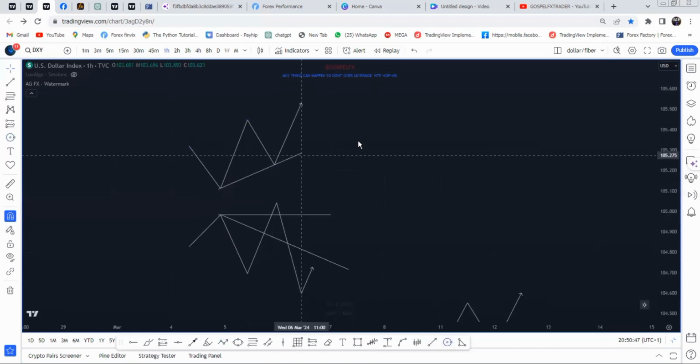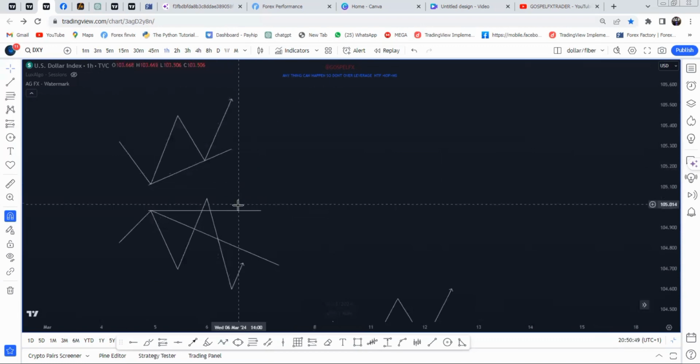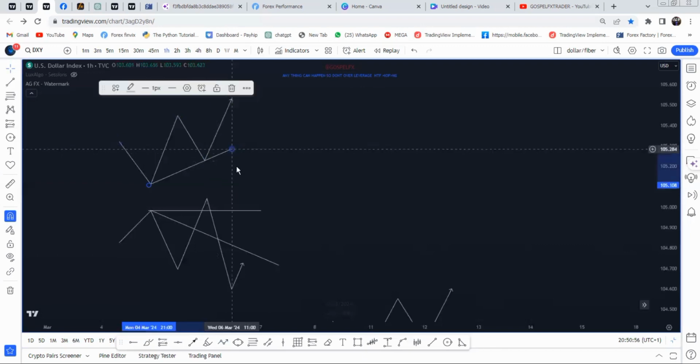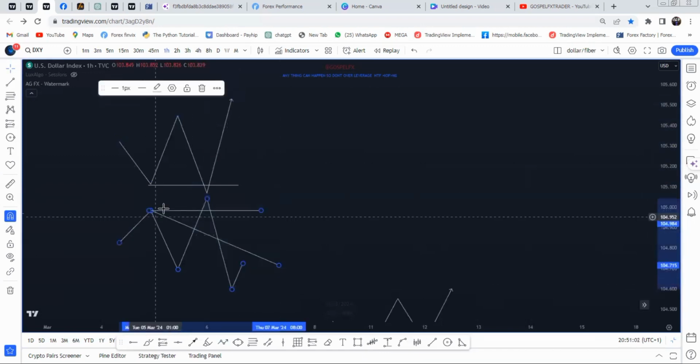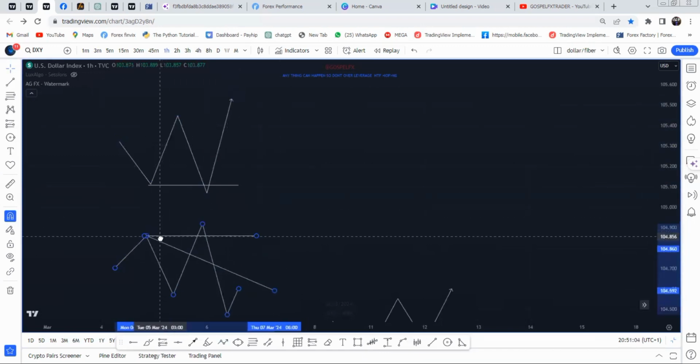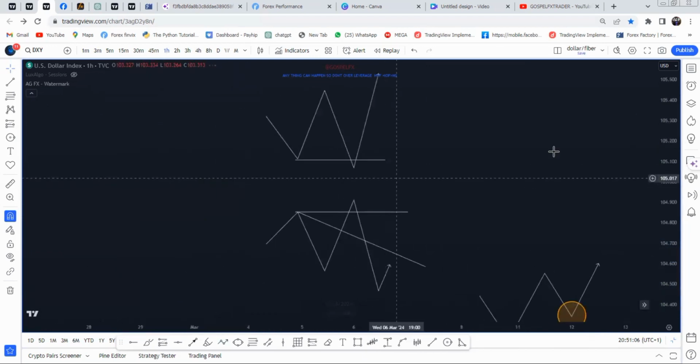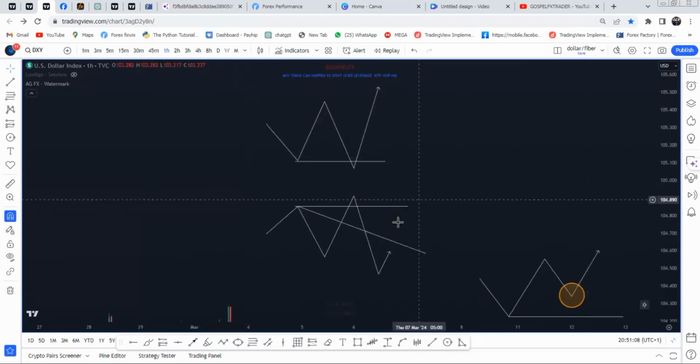The reason I'm talking about confirmation is that there are sometimes this asset might stall around here for some time and still come down to do the same thing as the other currency pair. You understand? So at this point, you have to be very careful. That's why I'm mentioning that you need to look for confirmation.